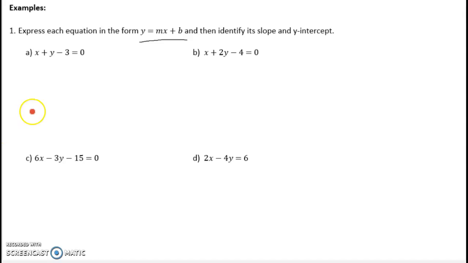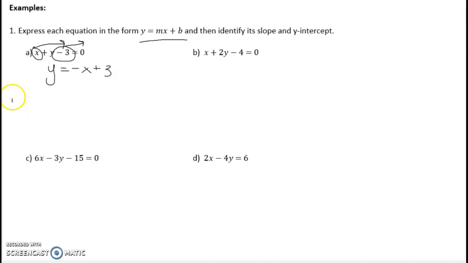So right now, this equation is in standard form. X term is first, y term is second, constant is third, and it is set equal to 0. So that's standard form. So we're going to switch it. So I'm going to write y equals. I'm going to move this over to the other side. So positive x turns into negative x. I'm going to take this negative 3, move it over, and it turns to a positive 3.